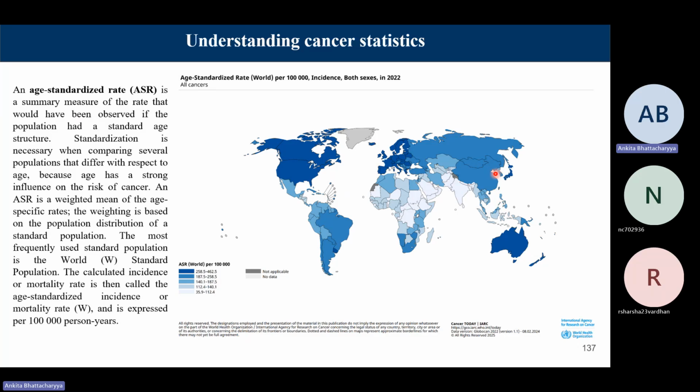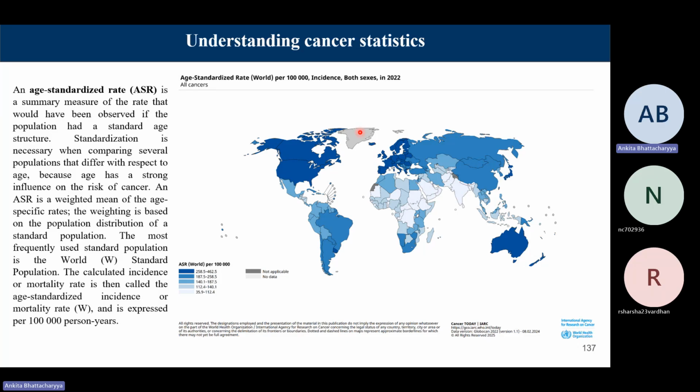So to represent these statistics, a weighted mean is taken for each population, which means that apart from the number of cases which are getting reported, you also include the number of individuals present within that population to balance it out, to normalize the incidence rate of that particular disease within that particular population, and then you represent that.